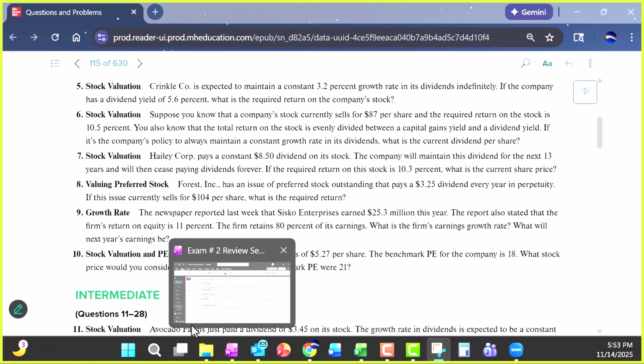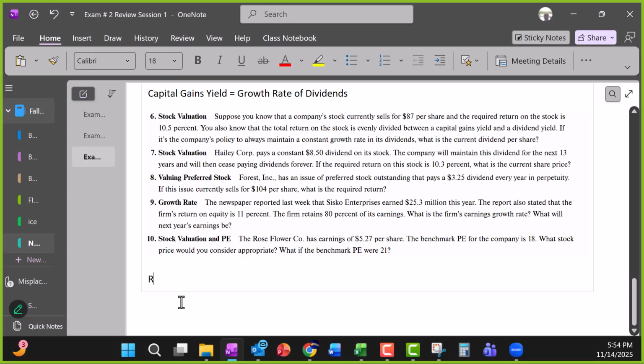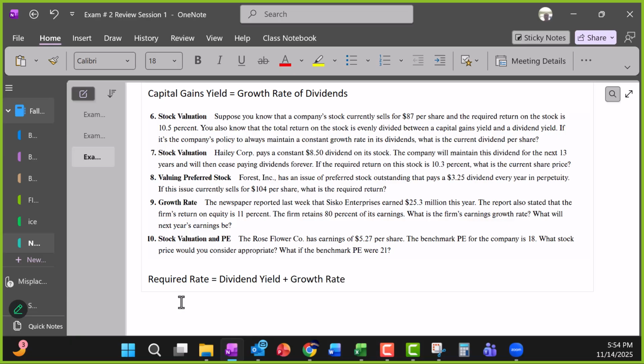For this, we're going to use required rate is always equal to dividend yield plus growth rate.